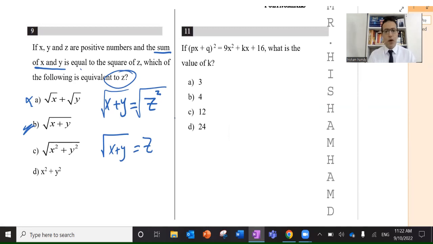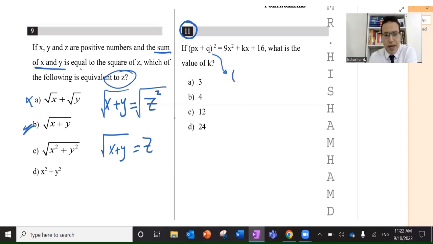Okay? Now let's go to the comparison or the equivalent questions. And this kind of question is very important because it came more than one time into the SAT questions. (px plus q) to the power of 2 is equal to 9x squared plus kx plus 16.